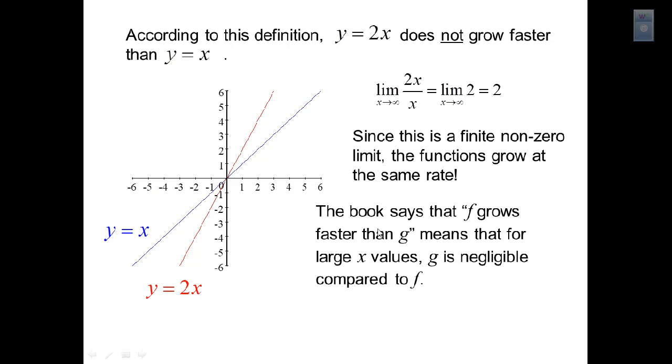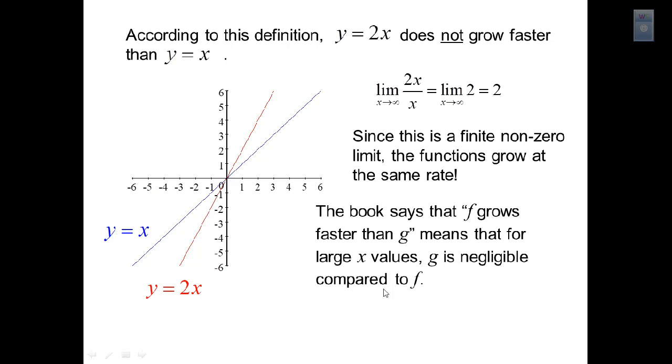Now, the way the book defines it is that if f grows faster than g, this means that for large x values, g is going to be negligible compared to f. For instance, like when we talk about limits going to infinity and we talk about x and 2, remember the 2 is negligible as x goes to infinity. Well, in this case, the same case is true.